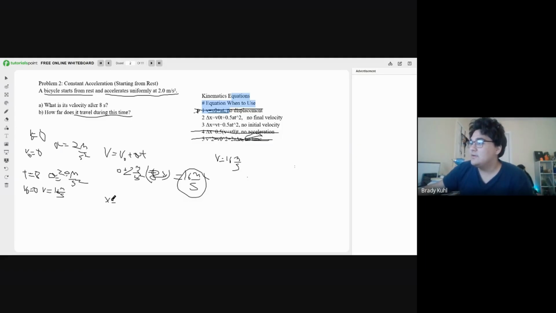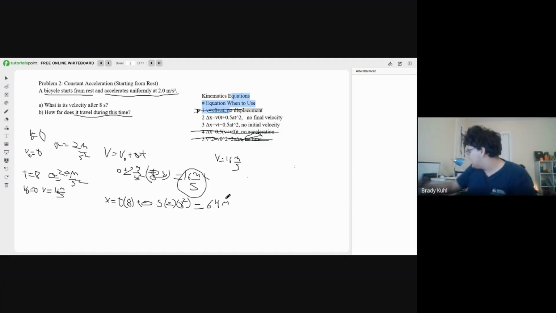x equals, oh look, initial velocity is 0, so we have 0 times 8, which is 0, plus 0.5 times 2 times 8 squared would equal the distance. Let's see. That would be 64. 64 times 2 will be 128. 128 divided by 2 will be 64. That'll be 64 meters.